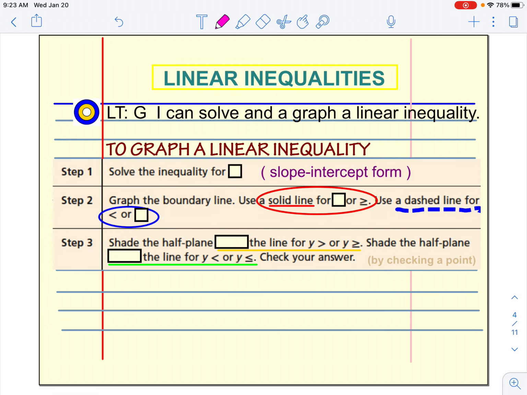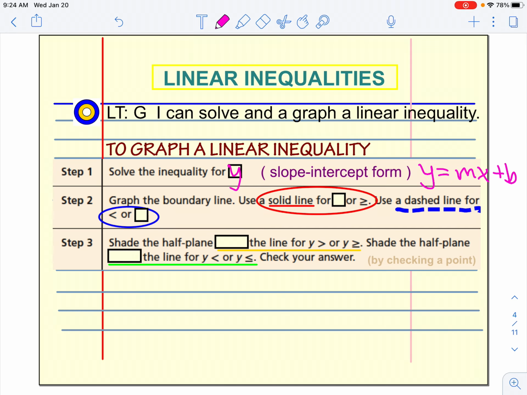So to graph a linear inequality, these are our steps. First, we have to solve the inequality for y, just like we did on the warm-up, because we need to put it in slope-intercept form, which is y equals mx plus b. And then we graph that boundary line.